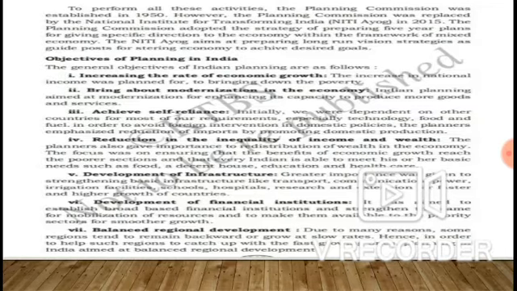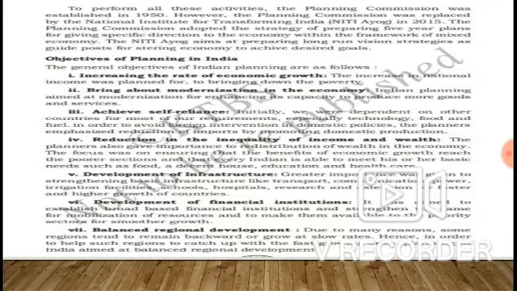Then the fifth one is development of infrastructure. Greater importance was given to strengthening basic infrastructure like transport, communication, power, irrigation facilities, schools, hospitals, research and extension for faster and higher growth of the country.